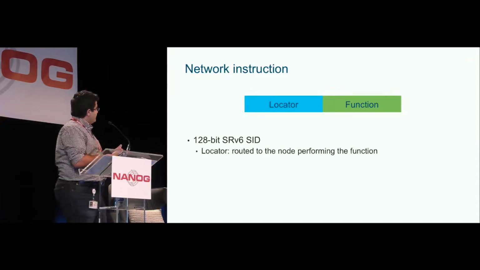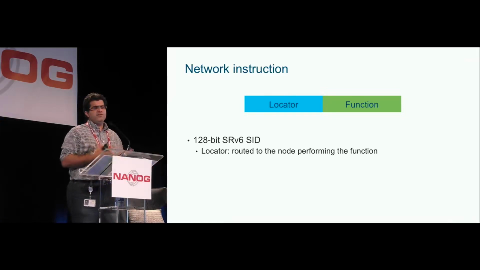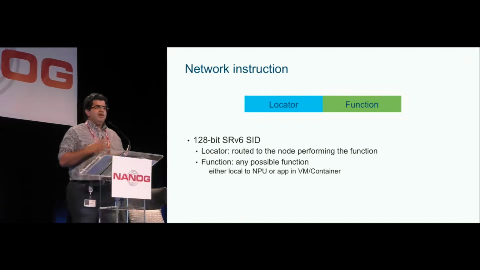Now, if we split the segment identifier in the middle, where you have 64 bits available for the locator and 64 bits available for the function, then you have a possibility where you can encode more information in those 128 bits which are available in an IPv6 address.